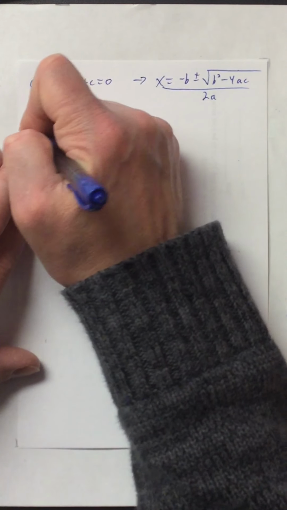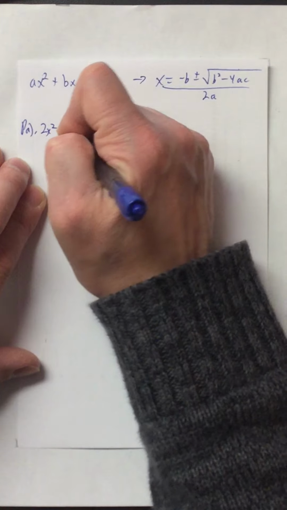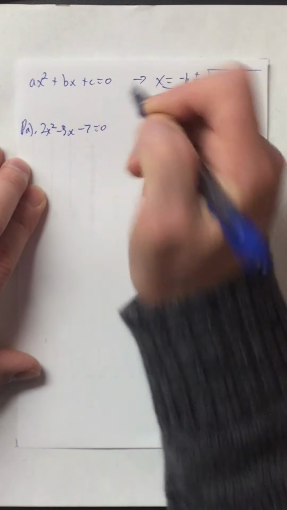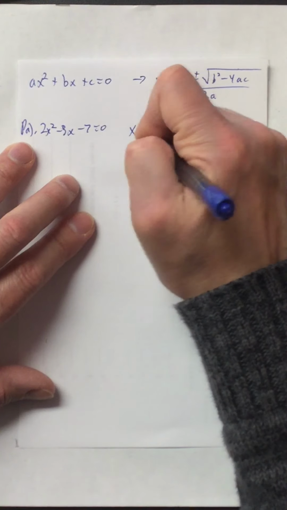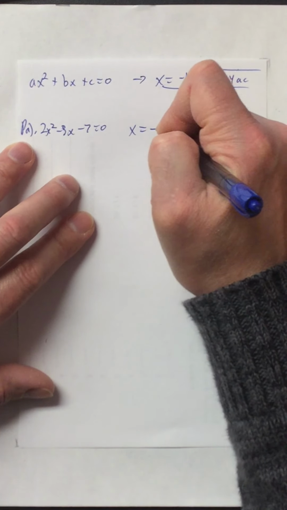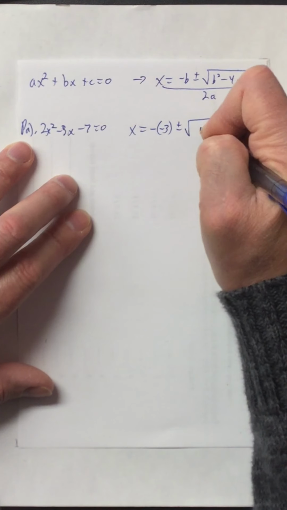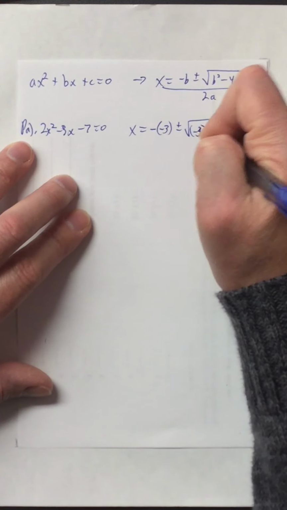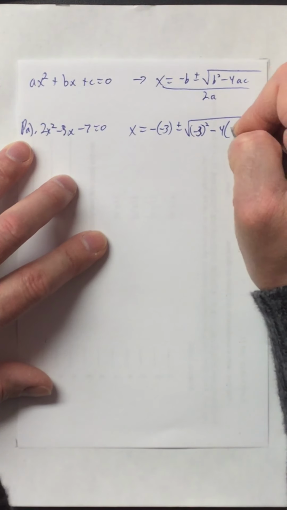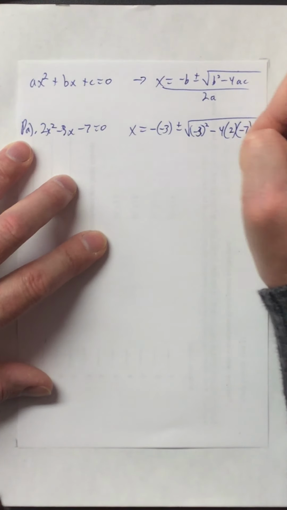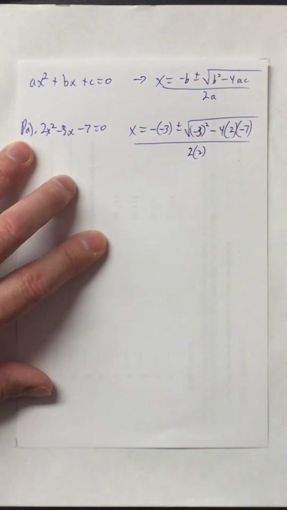All right, practice A. We got 2x squared minus 3x minus 7 equals 0. So let's plug some values in. X is equal to minus a -3 for my b value, plus or minus -3 squared minus 4, a value is 2, my c value is -7, my a value is 2, there we go.